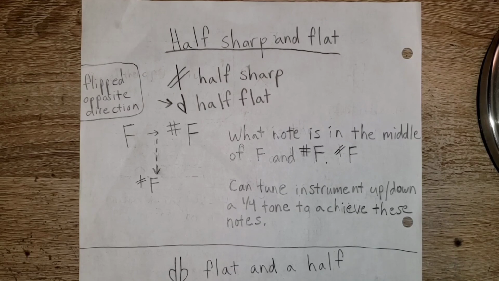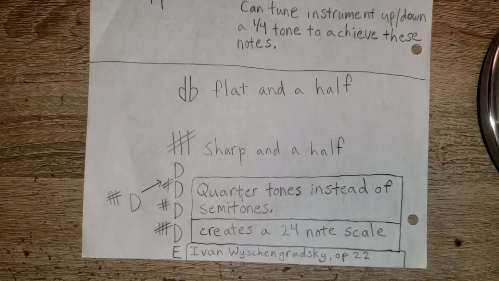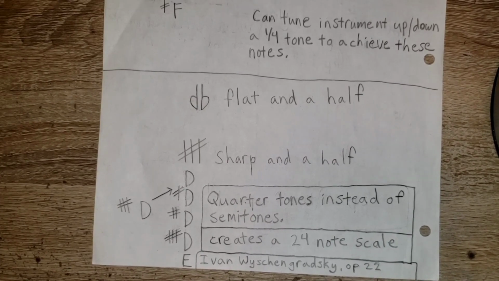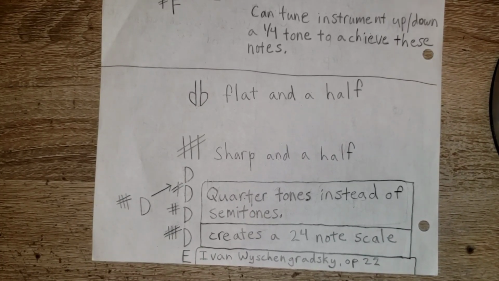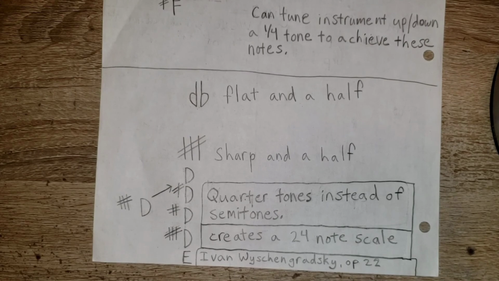So instead of having only 12 notes that your instrument can play, now you have 24 notes. And just like you have double sharps and double flats and things start to get weird, you can also have a flat and a half, and a sharp and a half. So you can create a 24 note scale, and some musicians have done this.